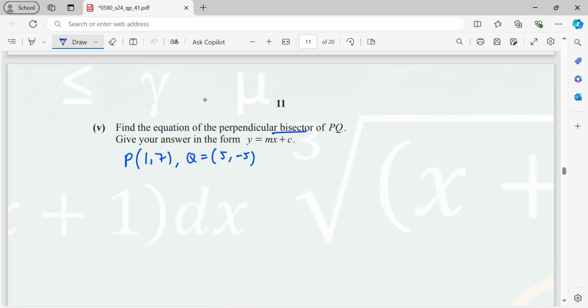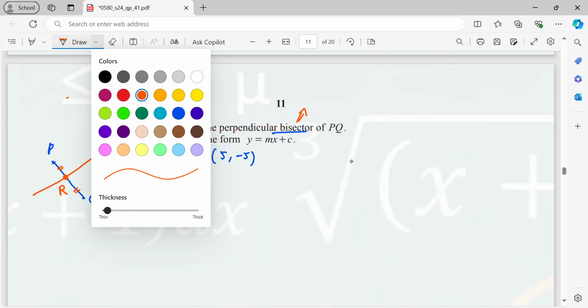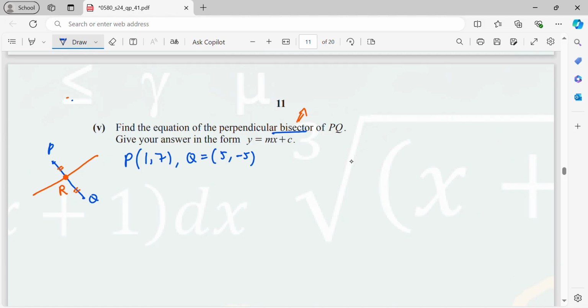Perpendicular bisector: bisect means cut into 2. So that means this is the midpoint. We have found the midpoint just now, R. So R is with coordinates 3, 1. Midpoint R equals 3, 1.